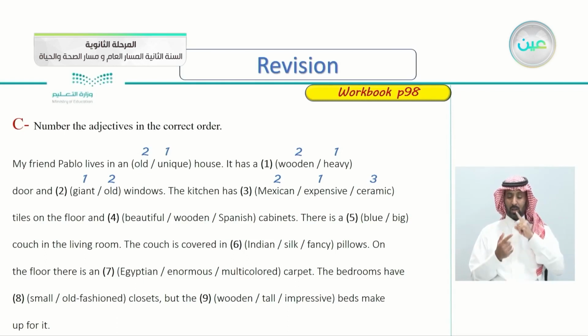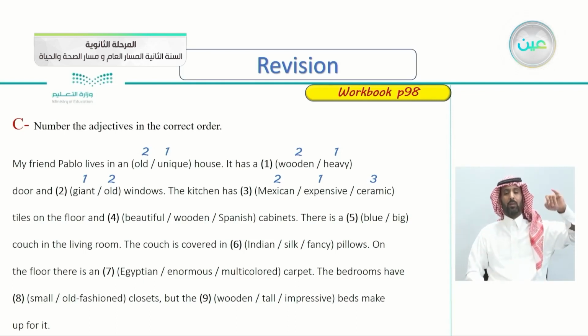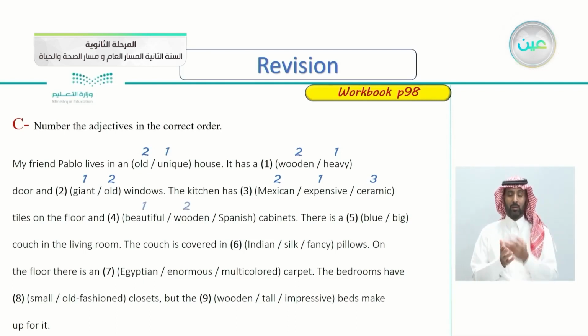So the kitchen has expensive Mexican ceramic tiles on the floor, and we have here also three adjectives, beautiful wooden Spanish cabinets. So we're describing the cabinets here using beautiful wooden Spanish. So which one is number 1, 2, and 3? Let's check the answer here.